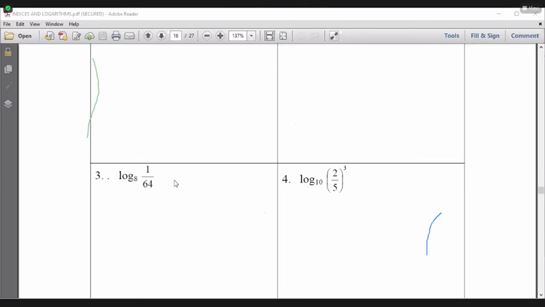Yes, 8 power negative 2. 1 over 8 squared, as a reciprocal, is the same as 8 power negative 2. Is it the same as 8 power negative 2?